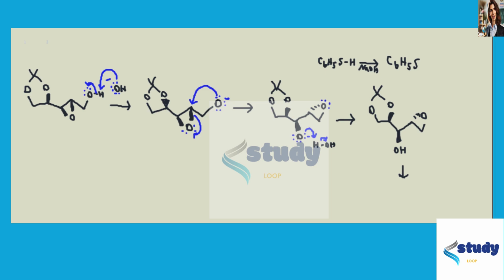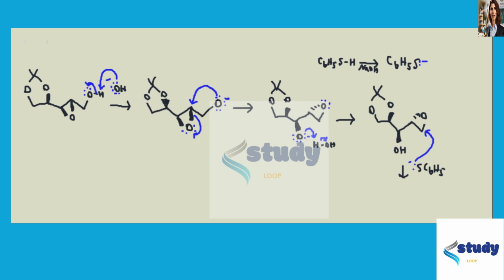This is going to be a thiol nucleophile. The sulfur has an extra lone pair and it has a negative charge. And so it's going to act as a nucleophile here, and it's going to attack the epoxide that we just formed.